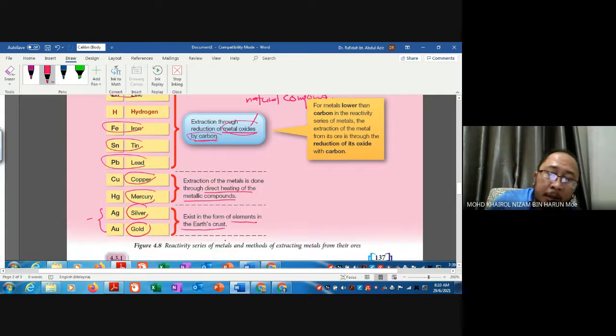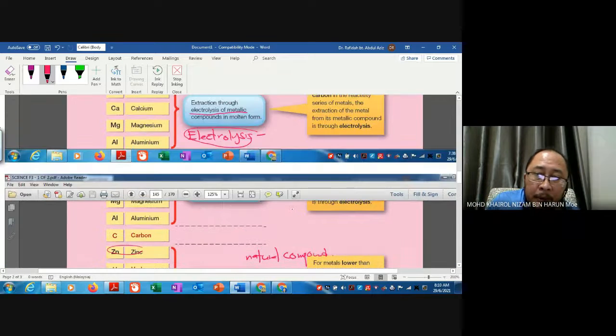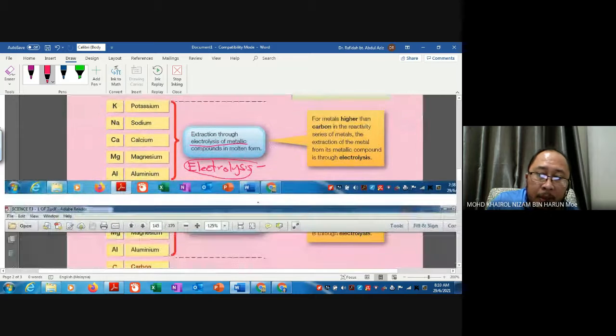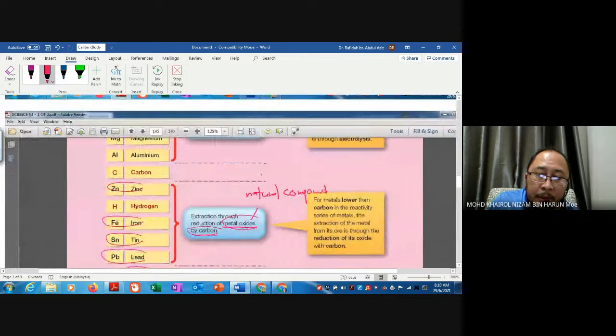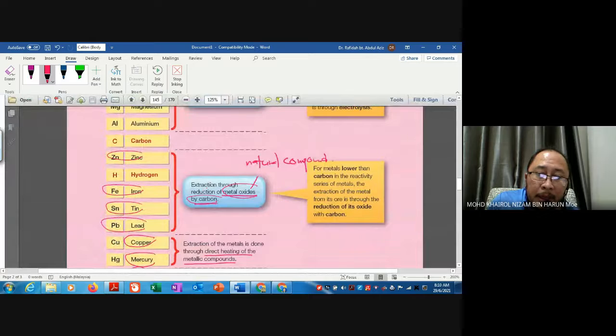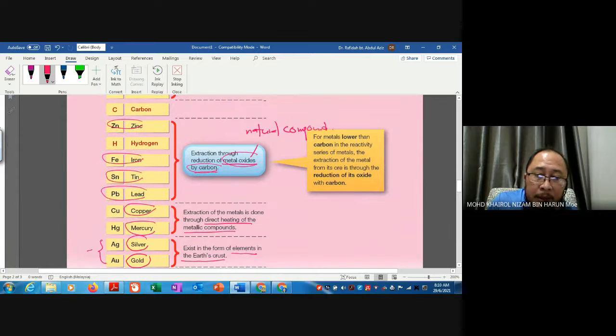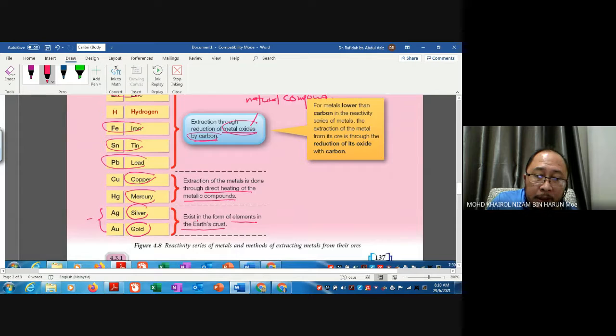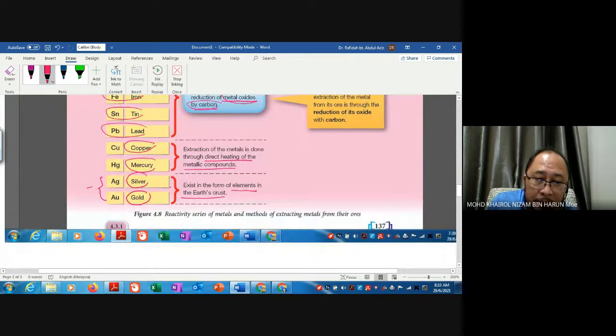Okay, so there are four methods: electrolysis, reduction process with carbon, direct heating, and this one, silver and gold, no method.